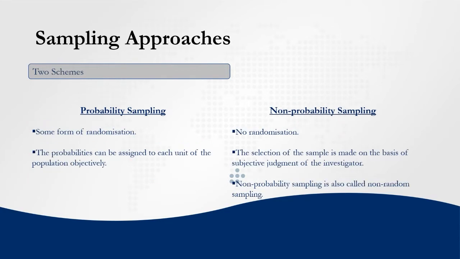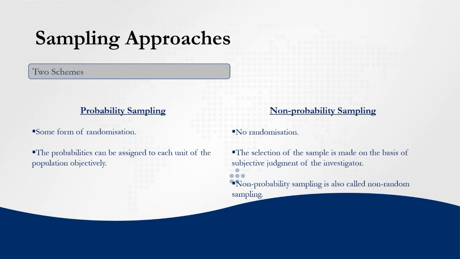With a probability sampling scheme, there is some form of randomization to ensure that the units are evenly distributed in terms of some attributes that are inherent in the sampling units.